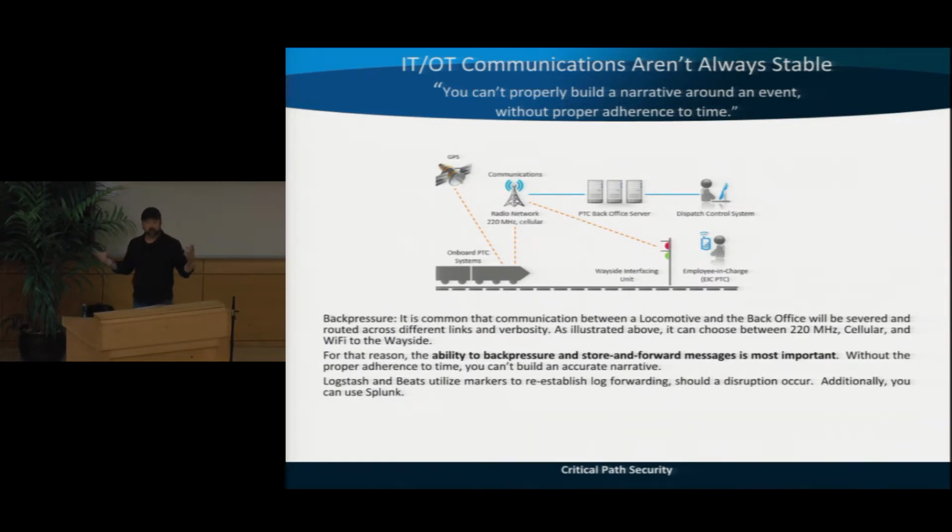And this is a serious thing. I like my French fries, I like my orange juice, and unfortunately we carry nuclear waste on trains too. So we have to think of how do we do back pressure and properly store and forward messages to the point that even when they come out of an area and we can get these logs, do we get the fidelity that we need to make good decisions.